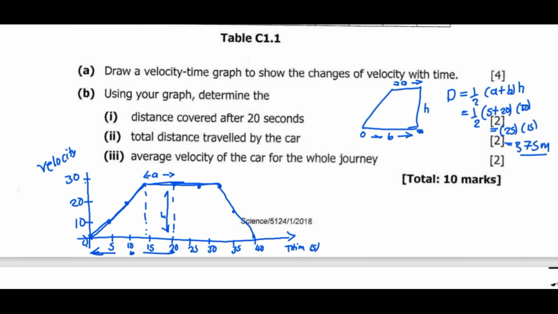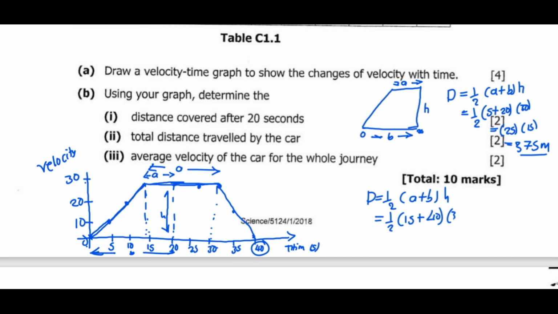Then for Roman number 2, total distance traveled by the car. Distance is equal to half, it is also a trapezium, times this. So we'll have half our A. This time our A is this one here. 30 minus 15, so our A is 15, plus our B, which is just this 40.